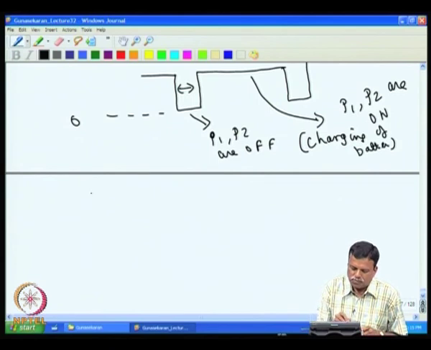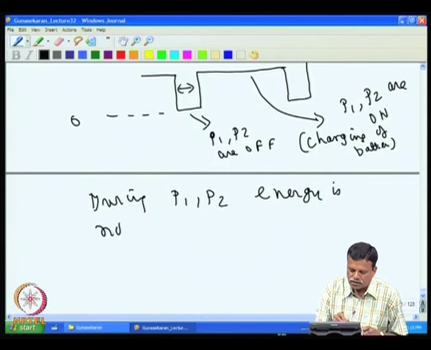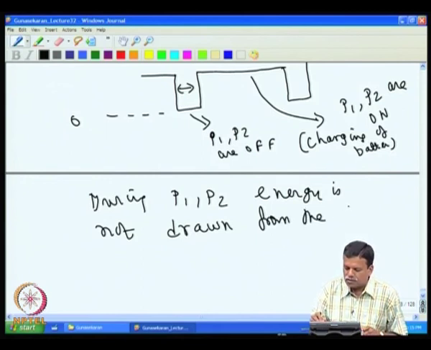So, during the P1 and P2 off time, energy is not drawn from the solar cell. That is, we are not utilizing the cell fully.